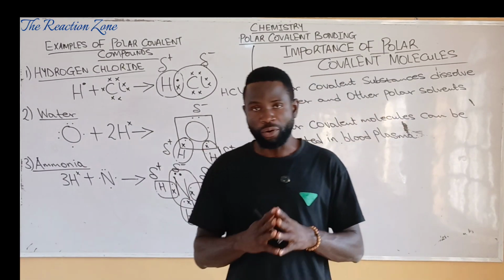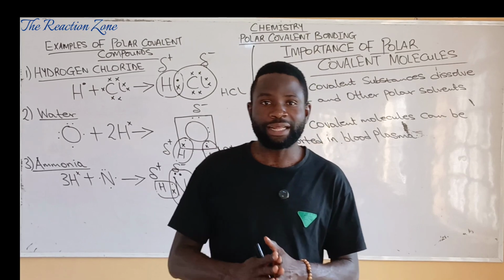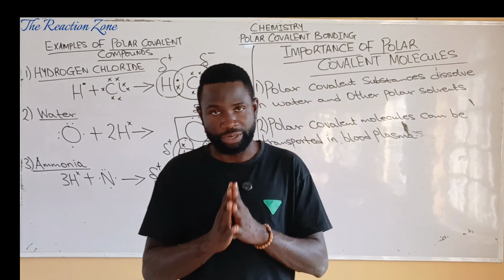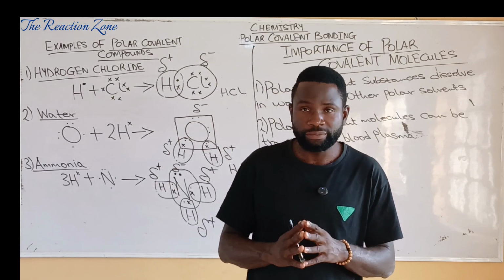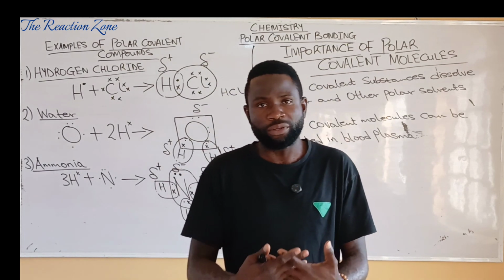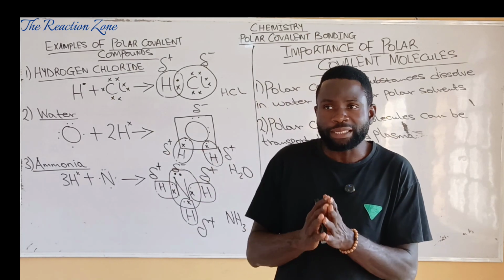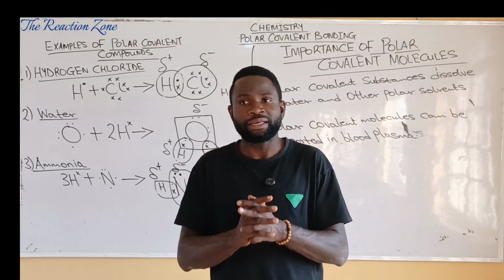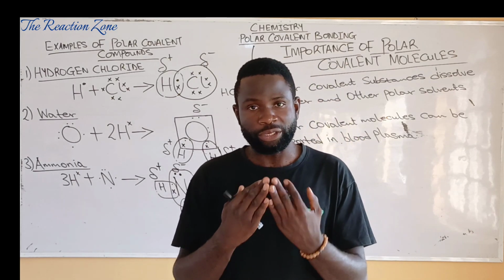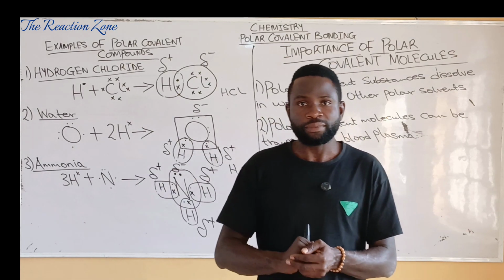A polar covalent bond is a bond that is formed between two atoms in which there is an unequal sharing of the bonding electrons. This unequal sharing is a result of the fact that the bonding atoms have different electronegativities.